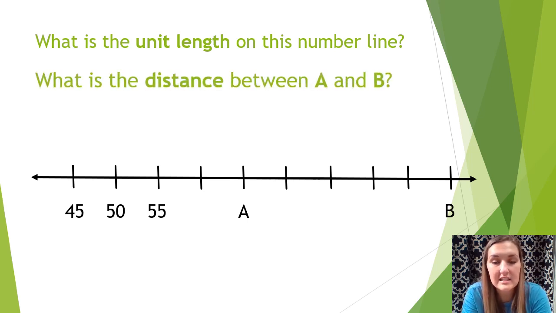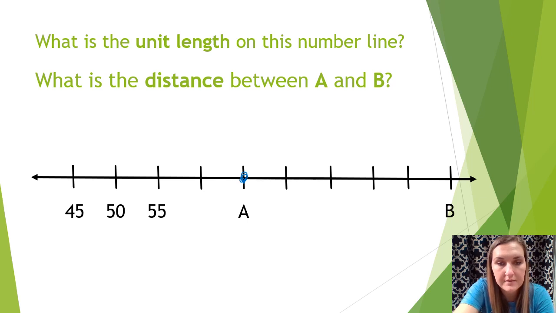What is the distance between A and B? Tap your head if you see point A and point B. If the unit length is 5, we can find the distance between A and B by skip counting by fives. Point to point A, right there, and count on by fives with me, starting at 0.